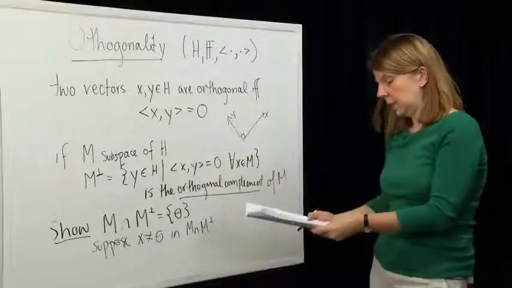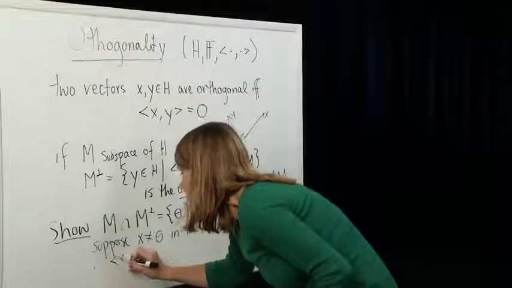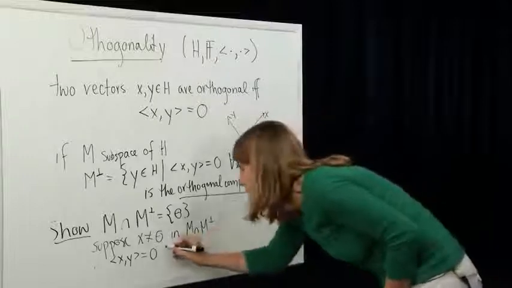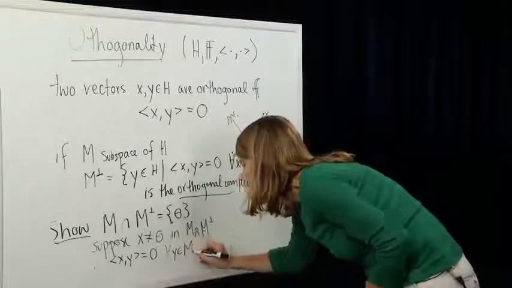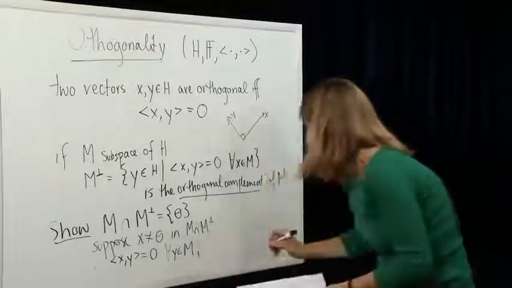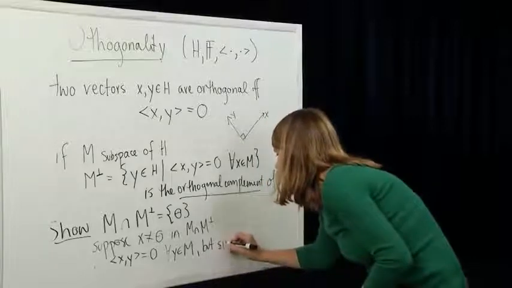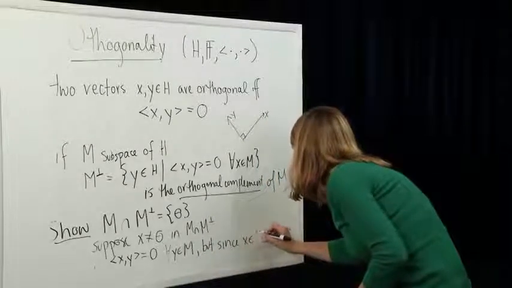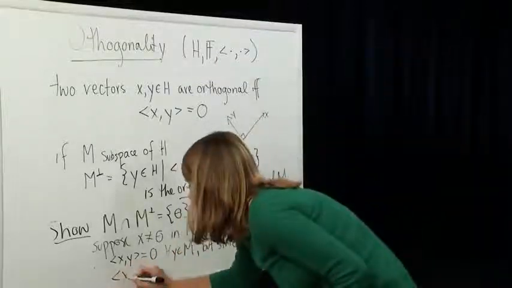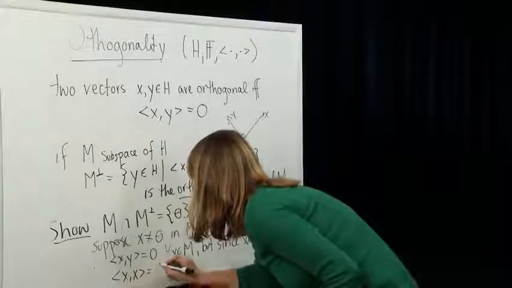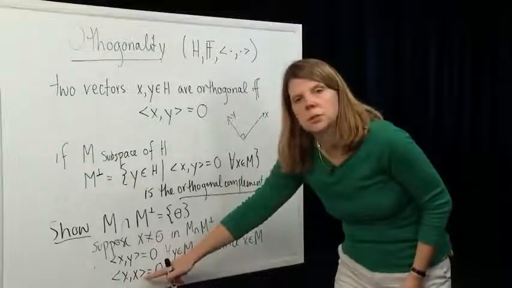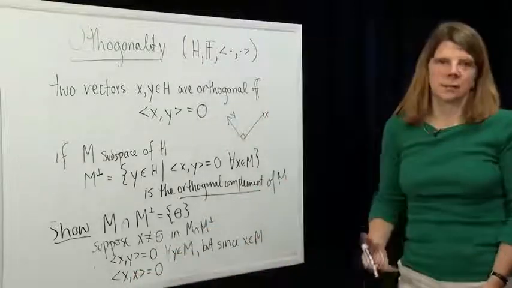Okay, so by definition, that means that the inner product of x with y is equal to 0 for all y in M. But since it's in the intersection, x is also in M. So that tells us that x inner producted with itself is equal to 0. But if that's true, we know from our definition of inner products that that must imply that the vector x is equal to 0.